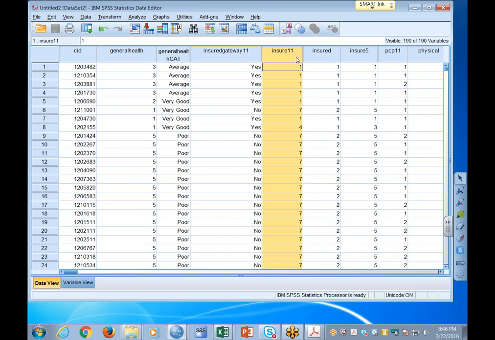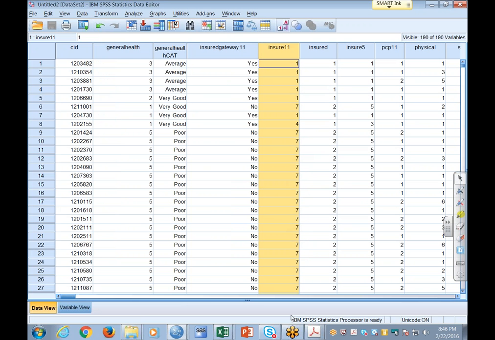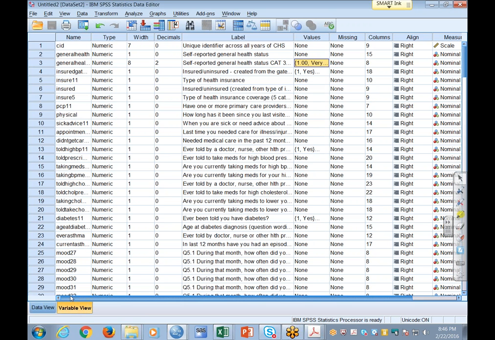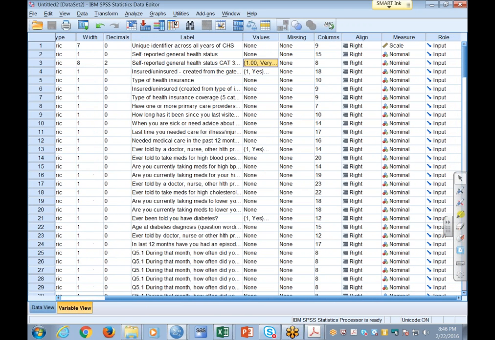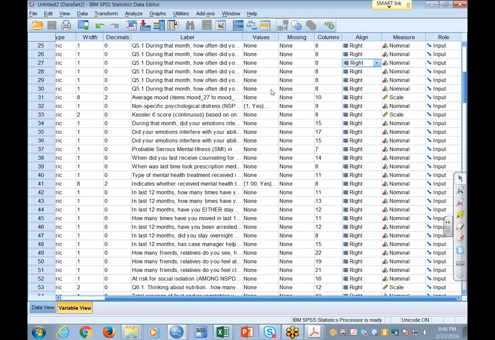So insured, gateway, so on and so forth. Some of these are numeric variables. Some of these are categorical variables. Let me go back to the variable view. Okay, and if you go over to the end here, you'll see if they're categories, nominal variables, or if they're scalar variables. Here's a scalar variable here, average mood. That was some sort of scale, presumably.